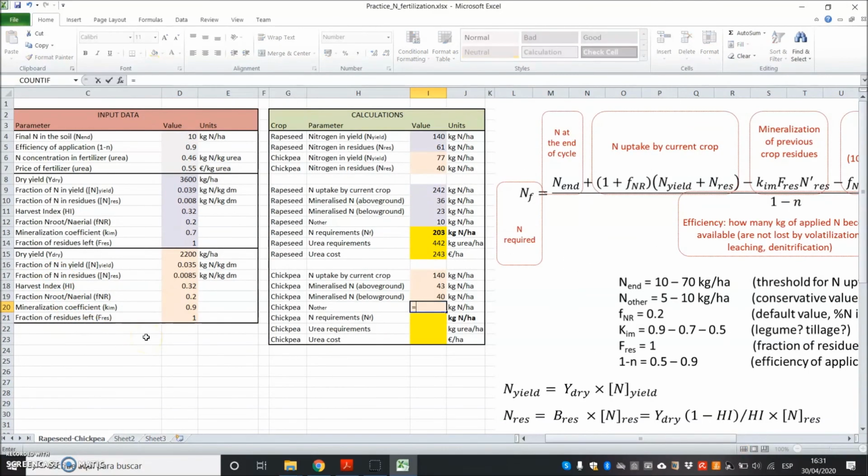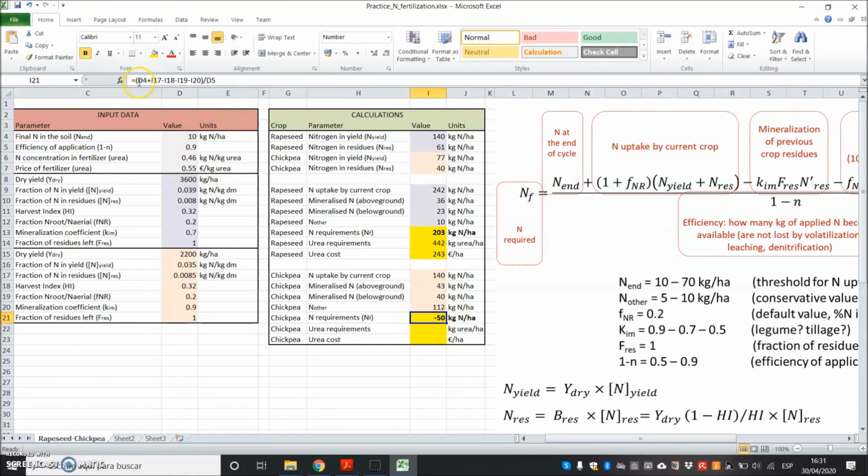So this will be 0.8 multiplied by the uptake, which is 112. If we apply the equation, this leads to a negative value, which is obviously impossible.